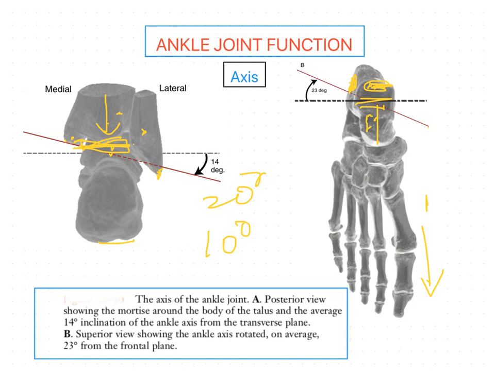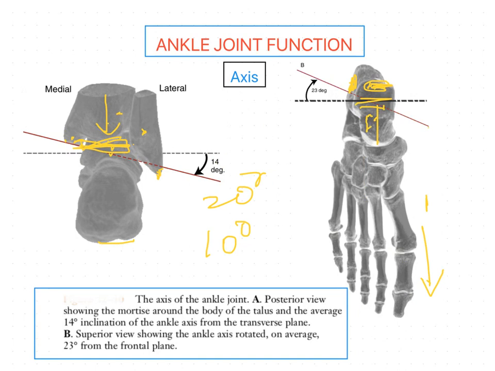Trauma may lead to ankle arthritis not only because of direct cartilage damage but also structural changes that lead to biomechanical abnormalities.